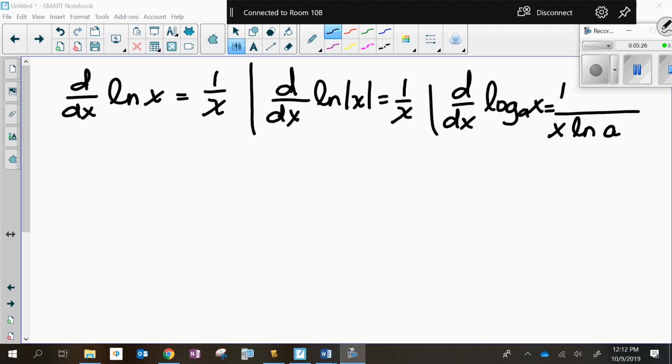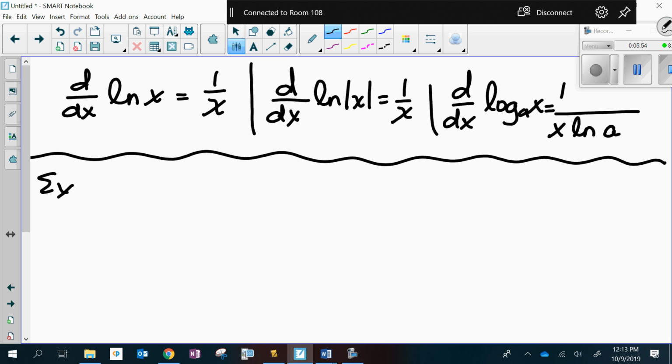Notice that ln a is down in the denominator, not in the middle. So if you have a choice to do logs or natural logs, you're going to do natural logs because the derivatives are way easier, right? Okay, so we got those.